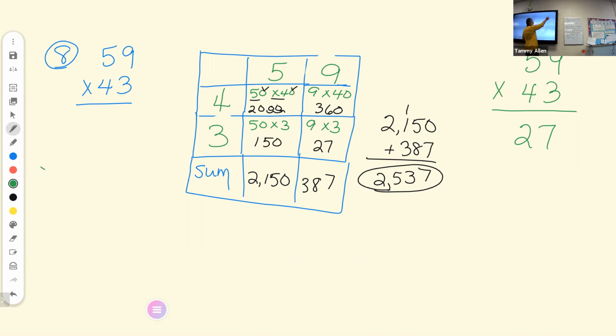What's 3 times 50? Which was this right here. This came from 3 times 9, right? This came from 3 times 50. If you want to make notes off to the side so you know where it came from when you go back and look at it, you know where it came from. Does that make sense?